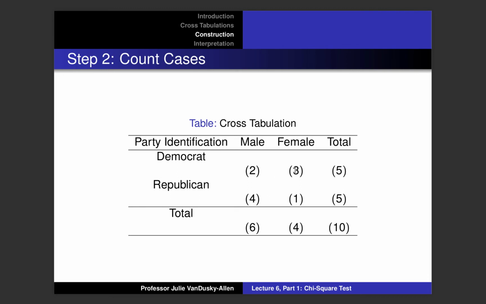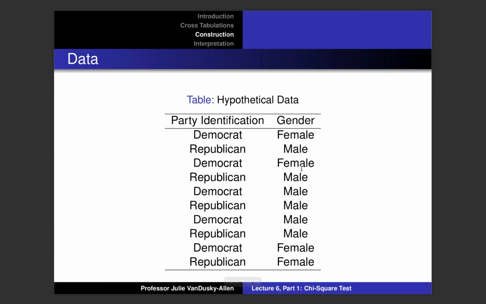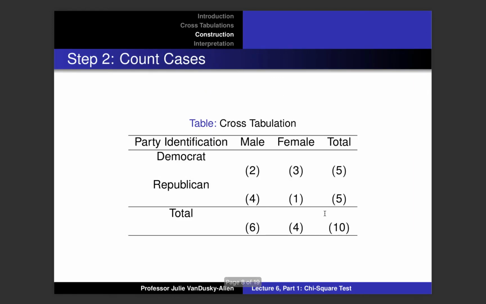In the second cell, we have female Democrats. We would go back to the data set and look for cases that fit this criteria. So we have 1, 2, 3 female Democrats. Hence, in the female Democrat cell, I wrote the number 3 in the parentheses here. We would complete this process for each cell.